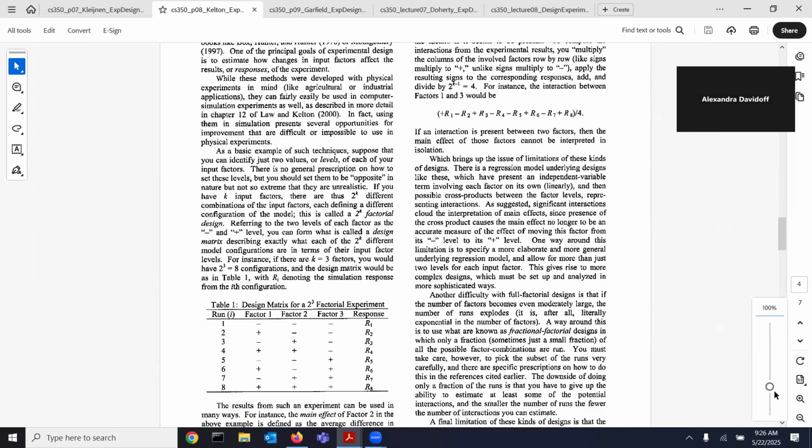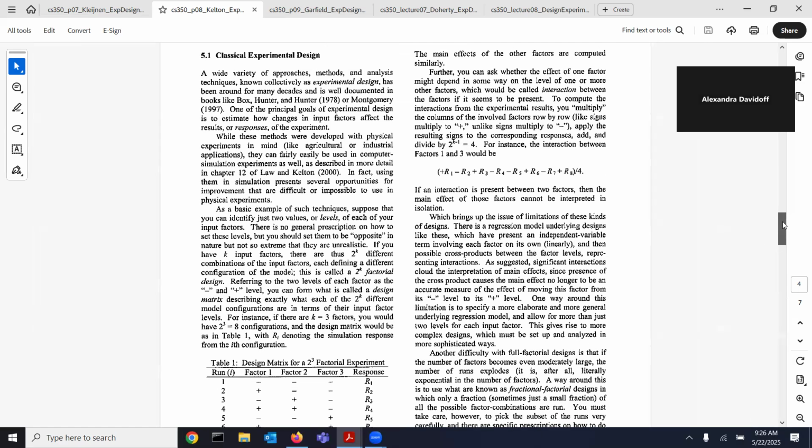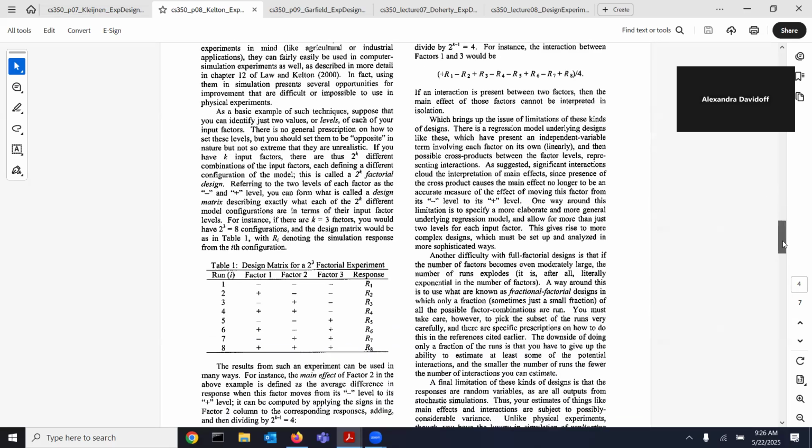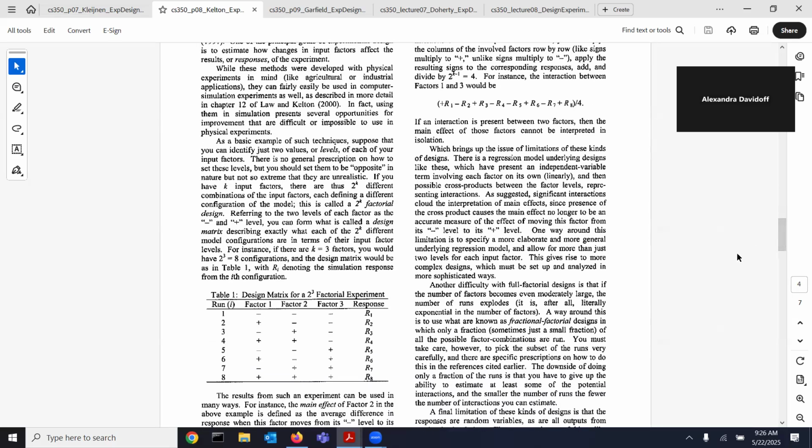Which is he looking at? Factors 1 and 3. Factors 1 and 3 are both low for run 1. So negative times a negative is a positive, it's positive R1. And then 1 and 3 are different for run 2, so he's subtracting for R2. Do that all across the board. And again, dividing by 4 because you're interested in that pairing.